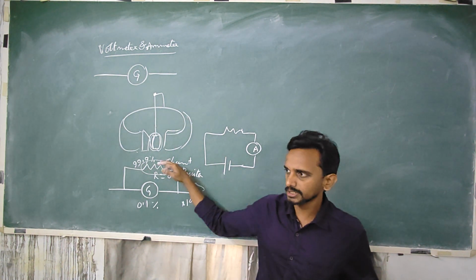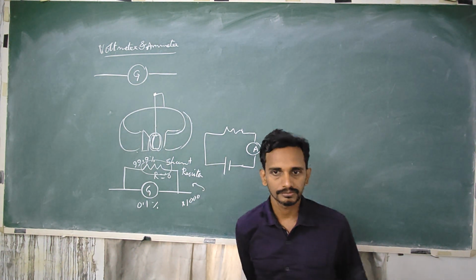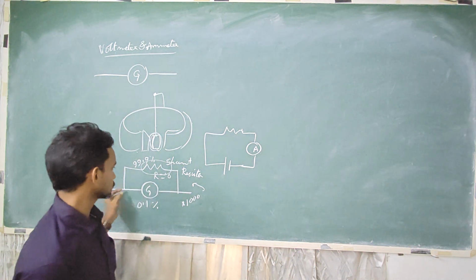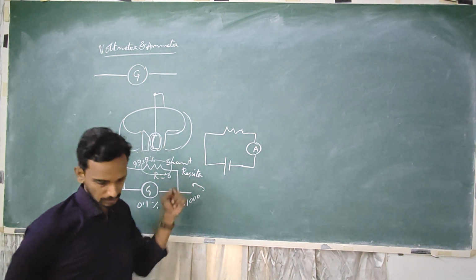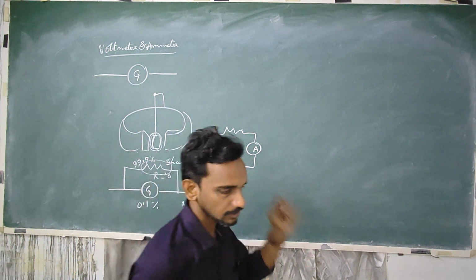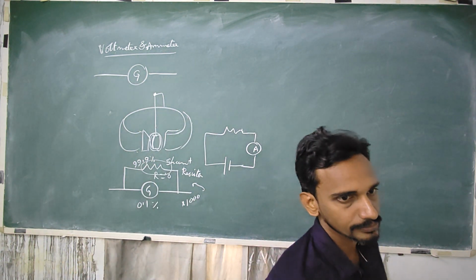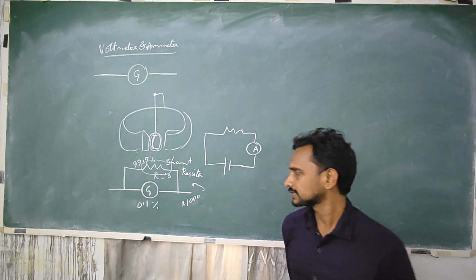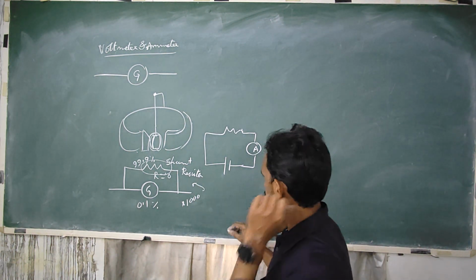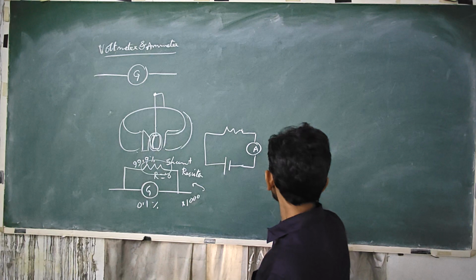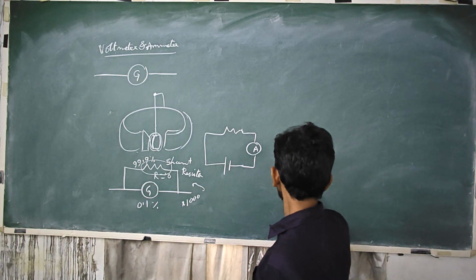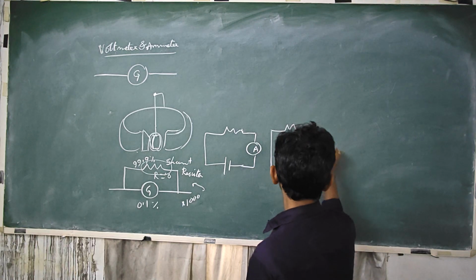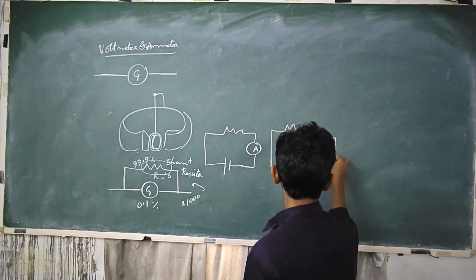So this shunt resistance acts as a bypass, so that the major current will flow through that shunt resistance, and the meter takes only a fraction of the current and scales it up. Okay, so that is how I develop this ammeter. So an ammeter can be developed as a galvanometer in parallel with a shunt resistance.